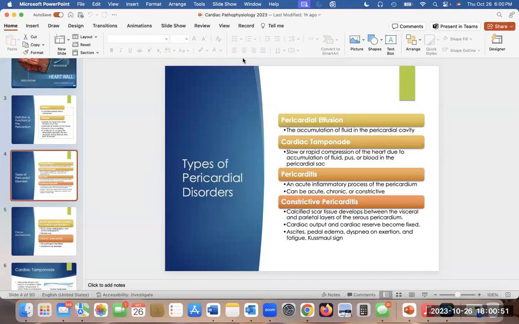We also have pericarditis, which is an acute inflammatory process of the pericardium, or in other words, inflammation of the pericardium. It can be acute, chronic, or constrictive. And then we have constrictive pericarditis, which is, like I said, anything that ends in -itis is inflammation. So just know it's inflammation. There are different types, and this one affects cardiac output and it could be fixed.